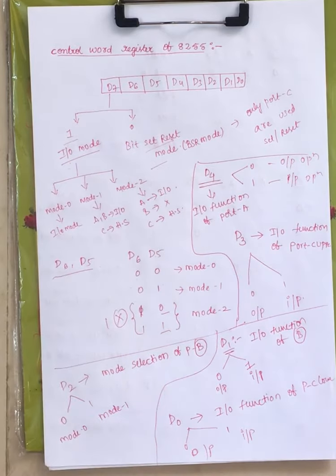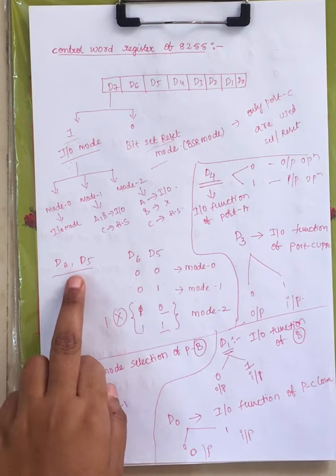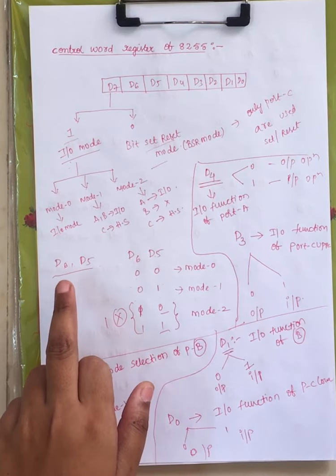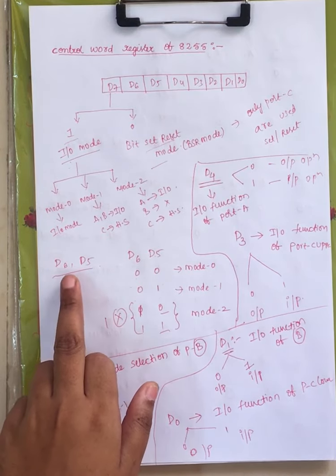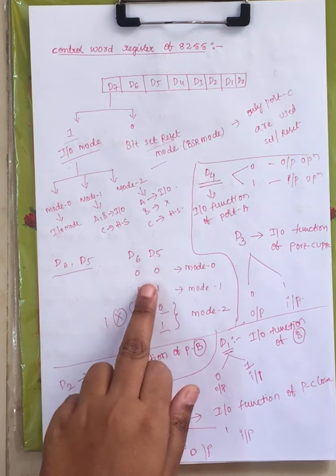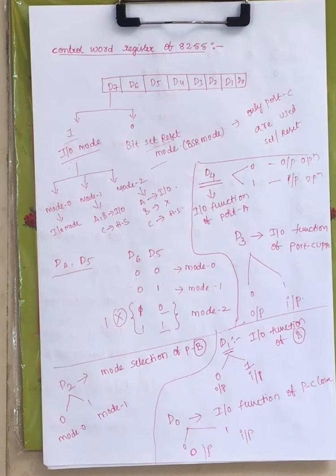Now when D7 is logic 0, it indicates 8255 is operating under bit set or reset mode. For logic 1, it indicates 8255 is operating under IO mode. Under IO mode, it may be mode 0, mode 1 or mode 2, right? Now coming to D6, D5 bits. These are the mode selection bits of 8255, right? When both are 0, it indicates 8255 is operating under IO mode of mode 0, right?